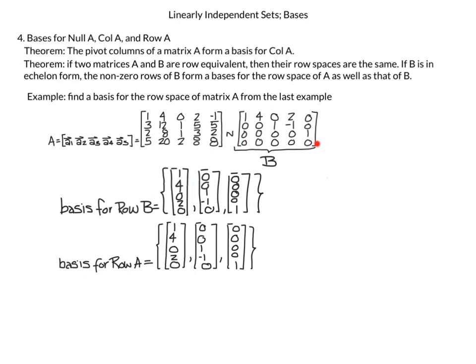We don't need the last row because it is all 0. So that means now the row space for A is the same as the row space for B. So this is totally different, and these two you can say are equal. You cannot do that for the column space, as our last example showed.